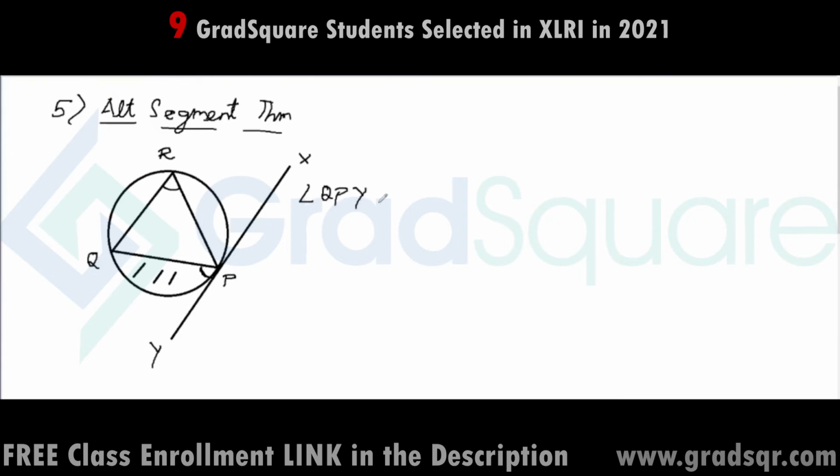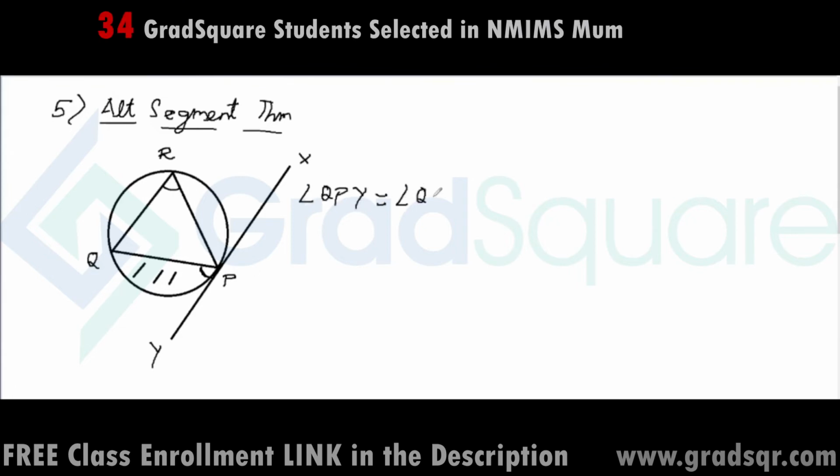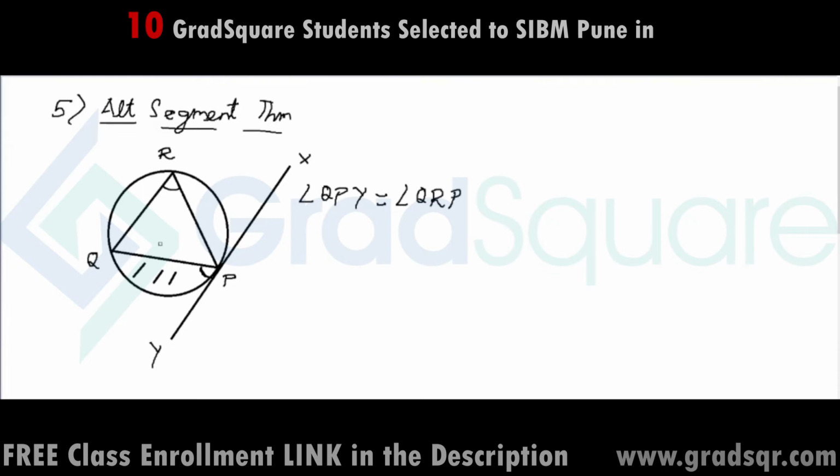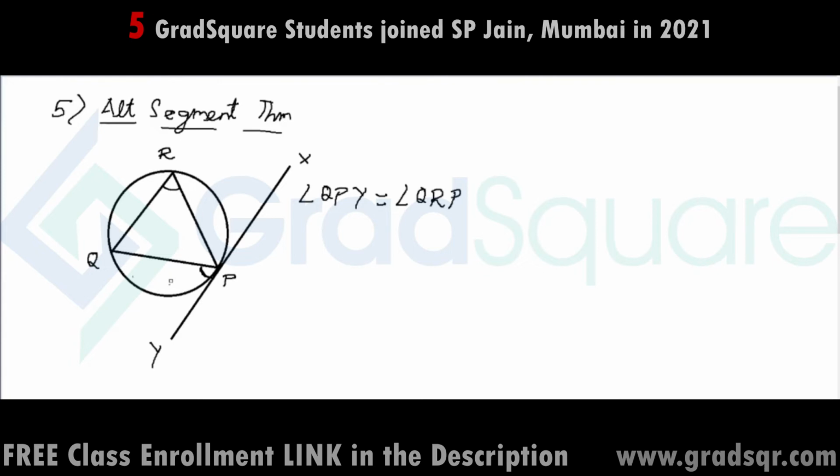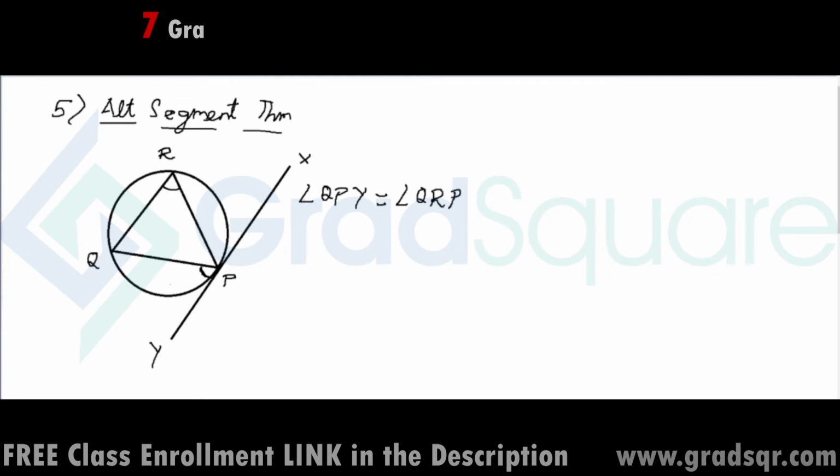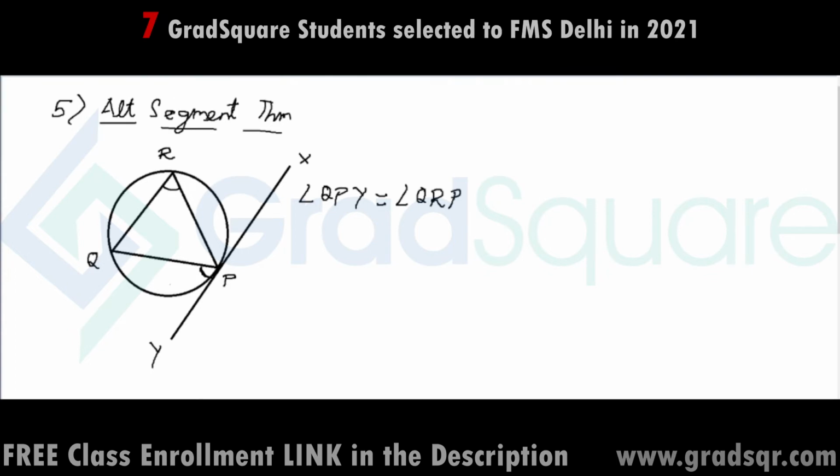So angle QPY will be equal to angle QRP. So the angle formed by a chord and a tangent at the point of contact will be equal to any angle subtended by the chord at the circumference of the alternate segment. So that's why angle QRP will be equal to angle QPY.